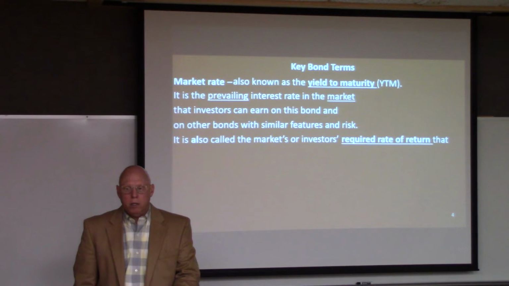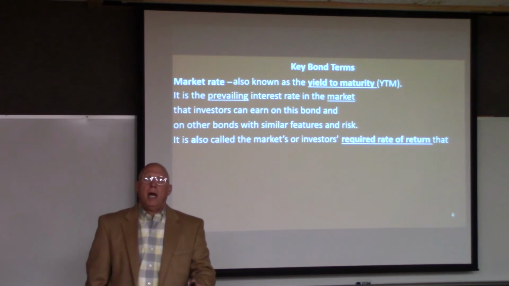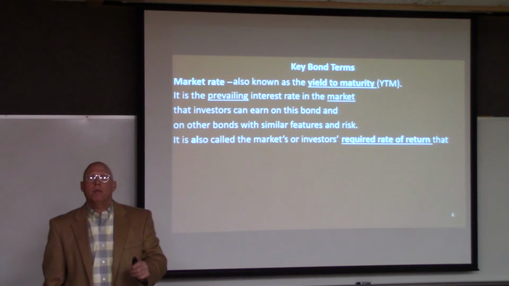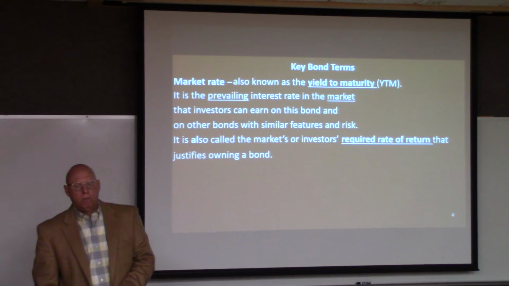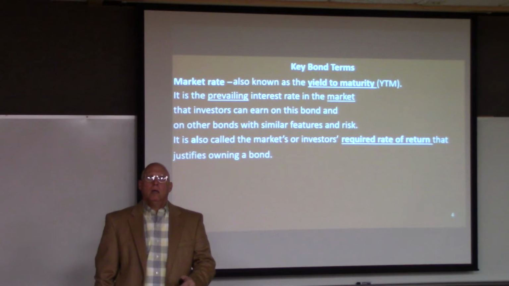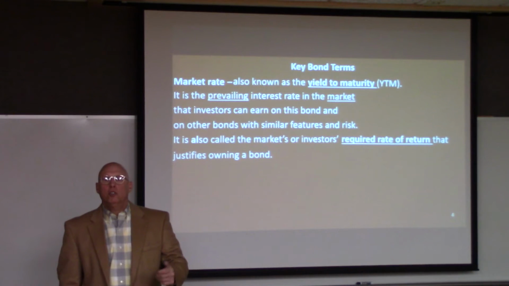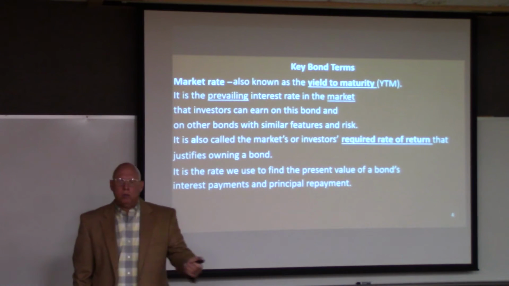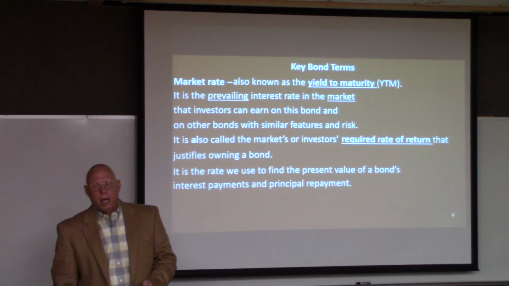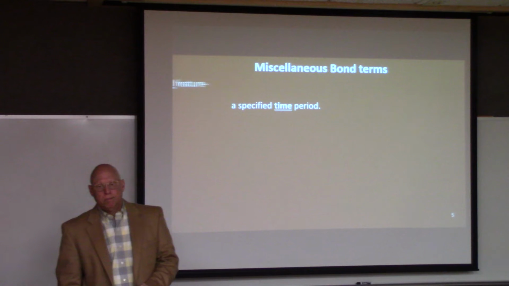The market rate is the rate of return that you use to find the present value of the coupon payments and the face value to find the market value or market price of a bond. So the market rate is out there in the marketplace, and it is used as your discount rate to find the market price of the bond. It is the rate we use to find the present value of a bond's interest payments and principal repayment, which we will cover in the next clip.